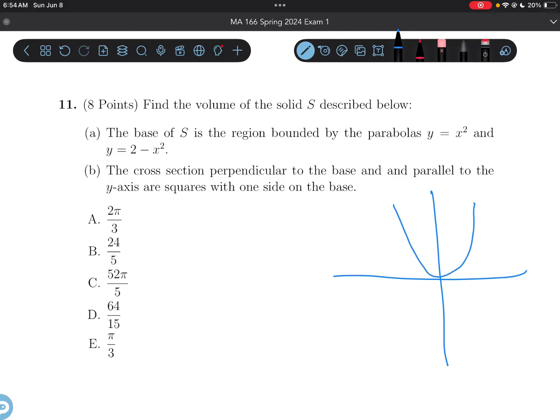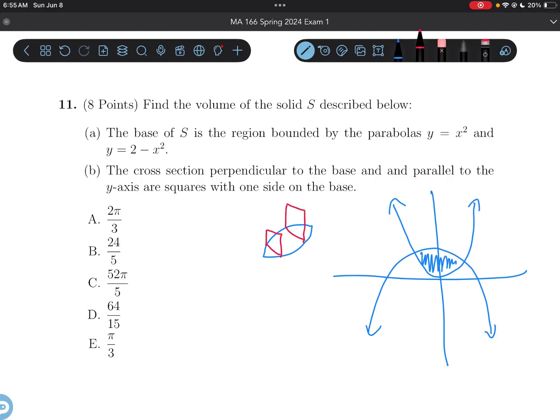We have y equals x squared and y equals 2 minus x squared. It's not the best drawing, but this is our region over here. And suppose we lay it out flat like this. Let's use a different color. We're going to take squares like this.